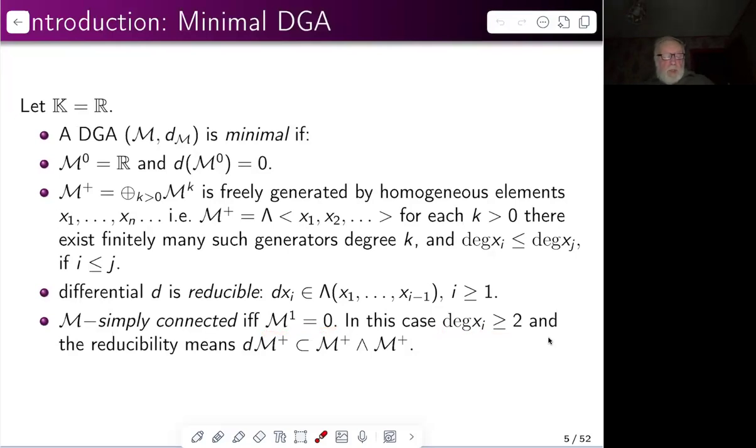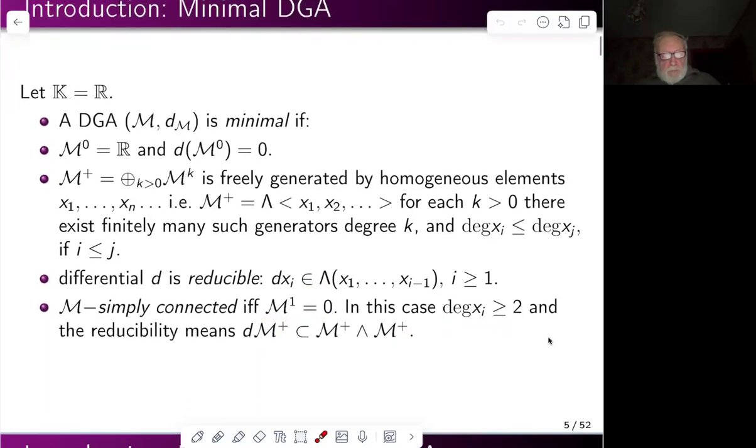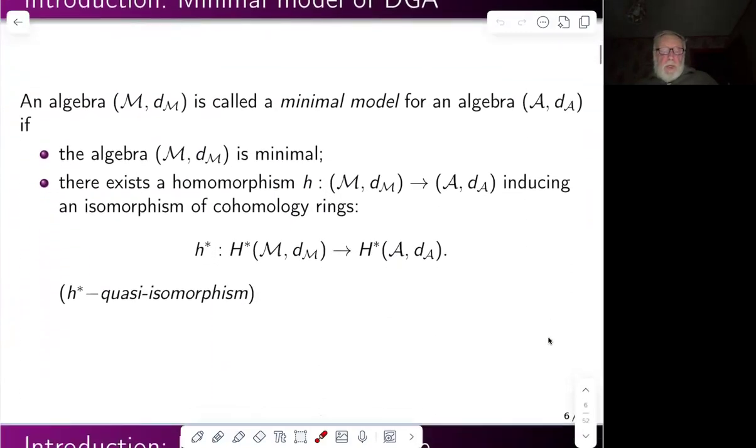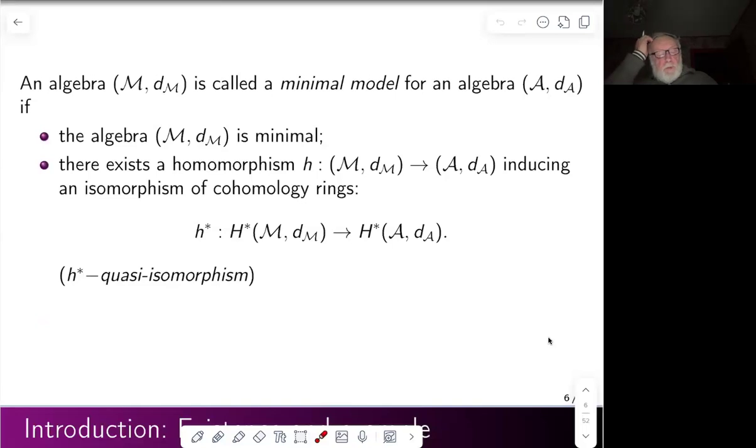And the reducibility means that the differential of M plus is a subalgebra in the product of M plus wedge M plus. This minimality gives us the possibility to define what people call a minimal model for a differential graded algebra.